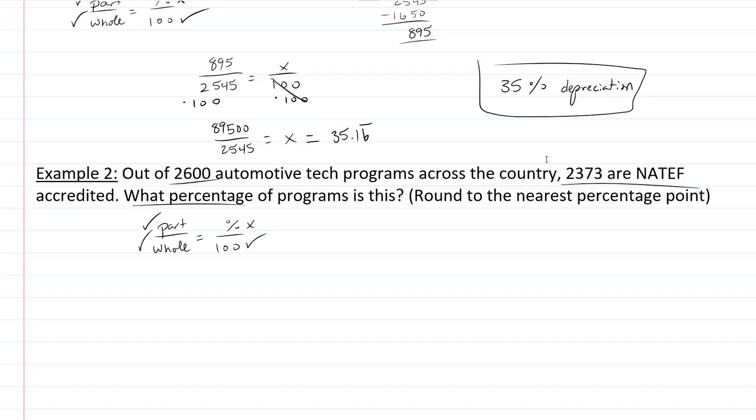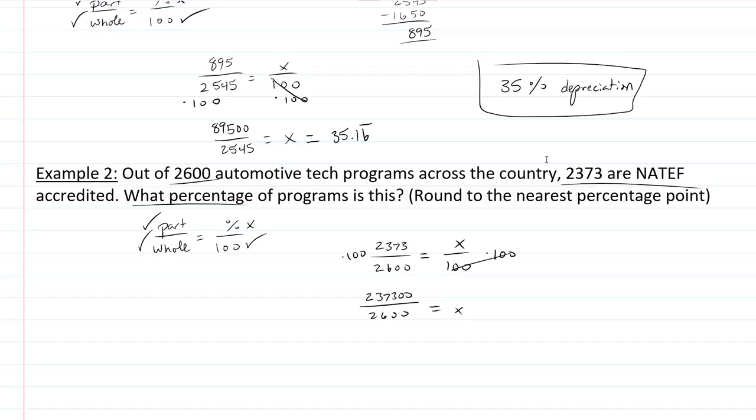So in setting up our proportion, we have 2,373 over 2,600, so the part over the whole equals the percentage, which we don't know, over 100. And we're going to solve this the exact same way by multiplying both sides by 100. These cancel. We end up with X on the right-hand side, and on the left-hand side, we end up with 237300 over 2600.